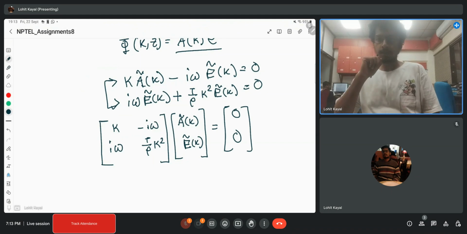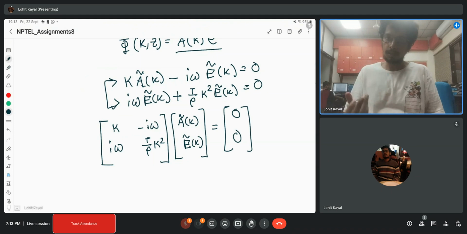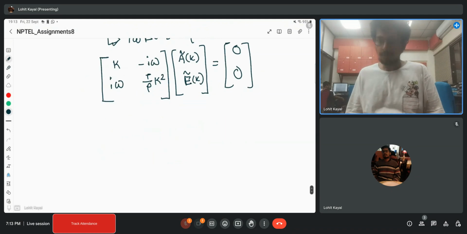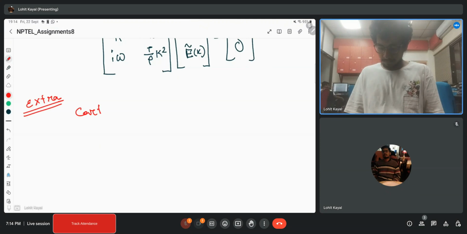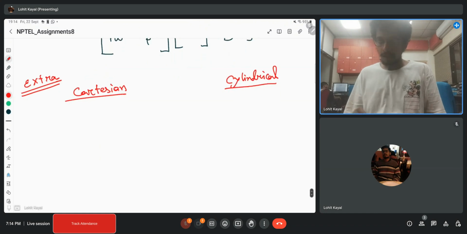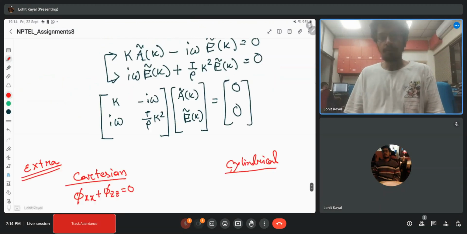So far we have only discussed systems in Cartesian geometry. Before proceeding any further, let me draw two tables, Cartesian and cylindrical. This is probably something you know already, so this is just an extra. In the Cartesian geometry, you have the equation phi xx plus phi zz is equal to 0.